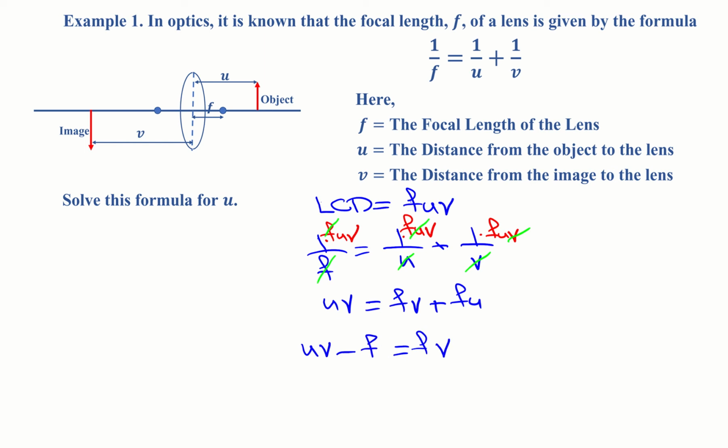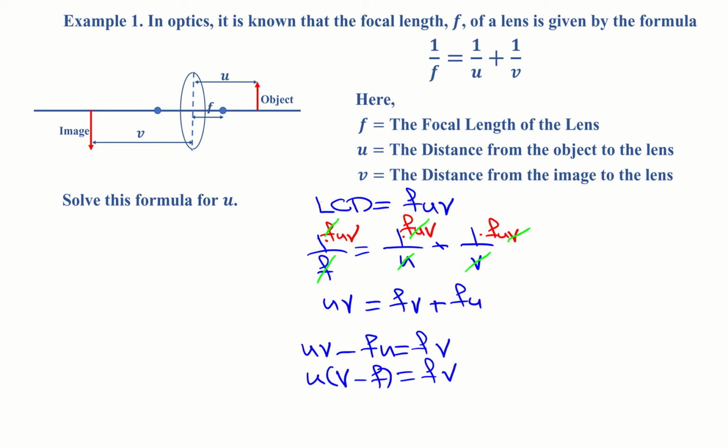Now, we still have the problem of needing U by itself. So how are we going to get U by itself if it's appearing in these two spots? Well, remember, if it's appearing in these two terms, that means it's the GCF of those two terms as well. So we can factor it out. So we get U times V minus F equals FV.